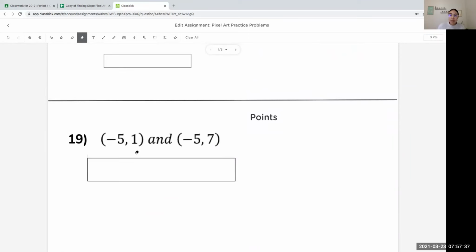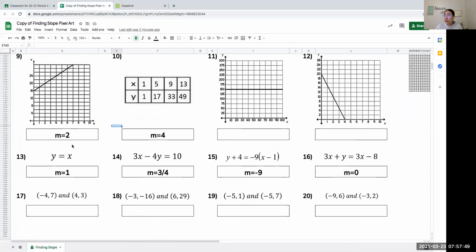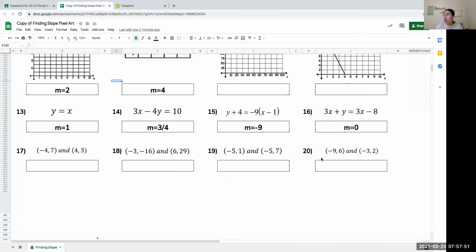I picked number 19 because it's one of those special types of slopes. It's either going to be undefined or 0. That's why I picked 19. But if you would like me to work through a different number, let me know which one. I'll give you a couple of seconds to look through these and see if there's any other question you would like me to work through instead.